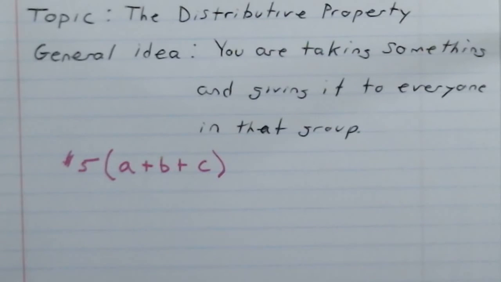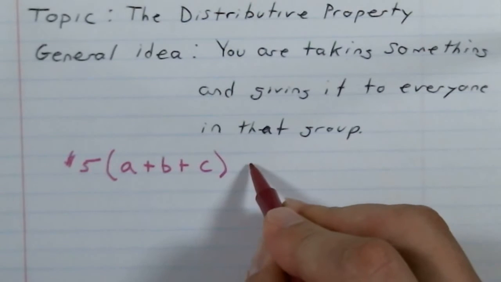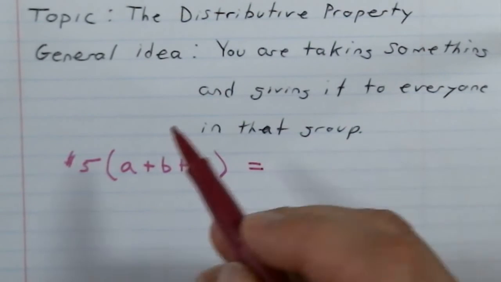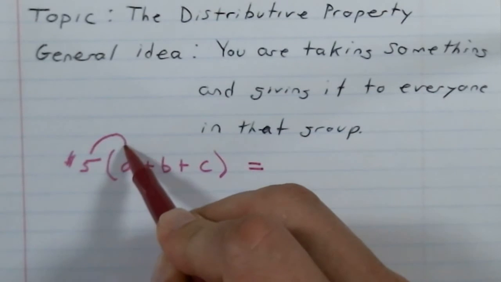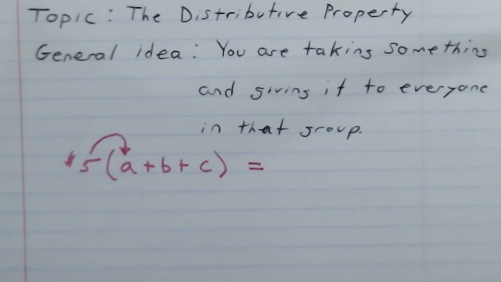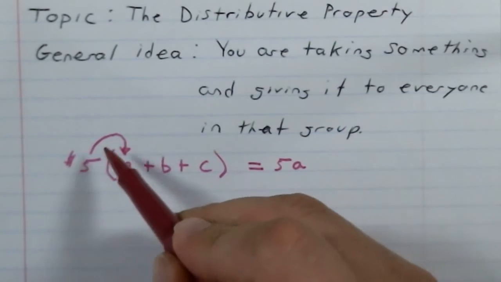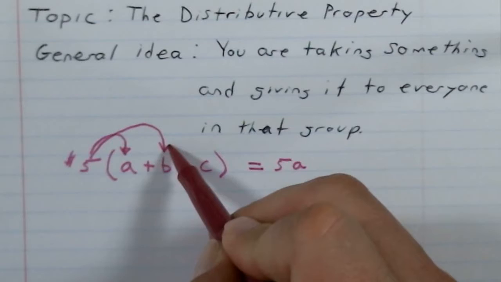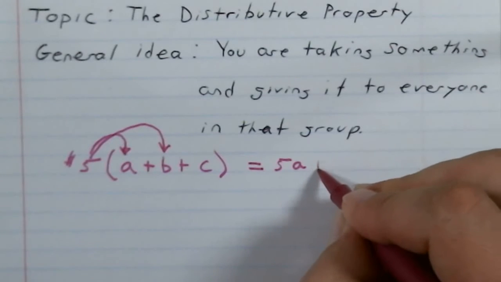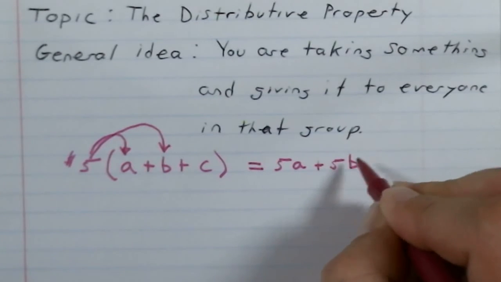But really, how you're going to look at this is, this is going to be equal to, well, this $5 goes to A, so we have 5A. This $5 also goes to B, so that's plus 5B.